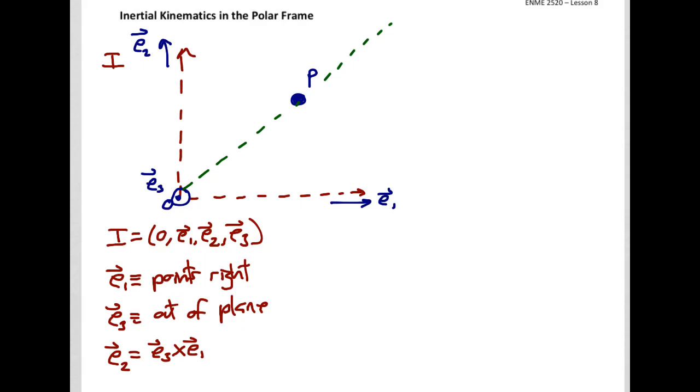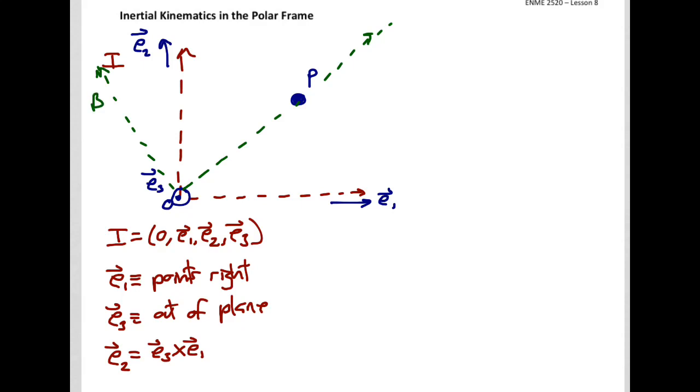Okay? So based on what we saw in this last little bit, we have an axis that goes through P. We have another axis that's 90 degrees to this. Okay? We're going to call this reference frame B.